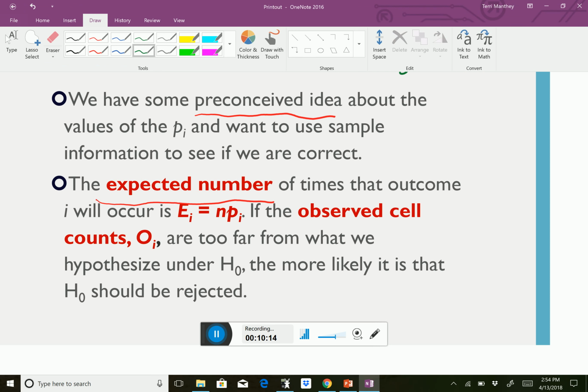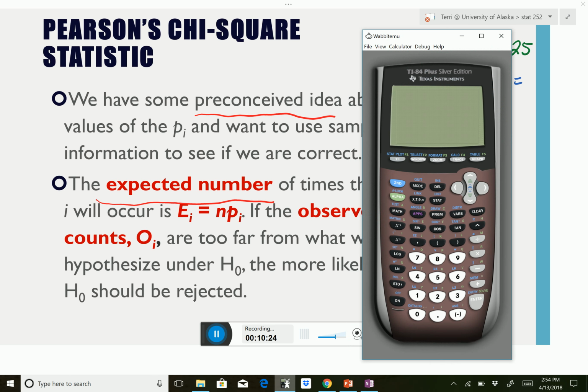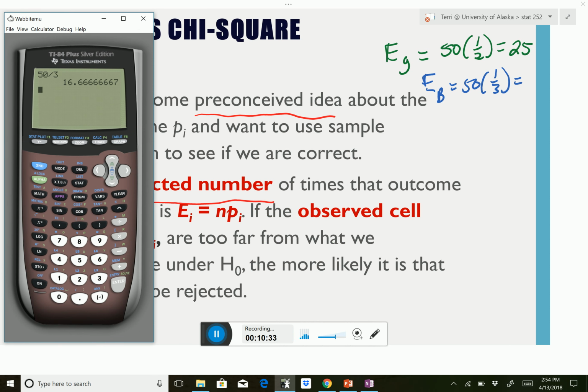That was our expected number of greens. What's our expected blues? It would be 50 times 1/3, which would be what? Some reason my brain's not working today. Let's do 50 divided by 3 is 16.67. So this is 16.67. And then finally, we want the red ones.